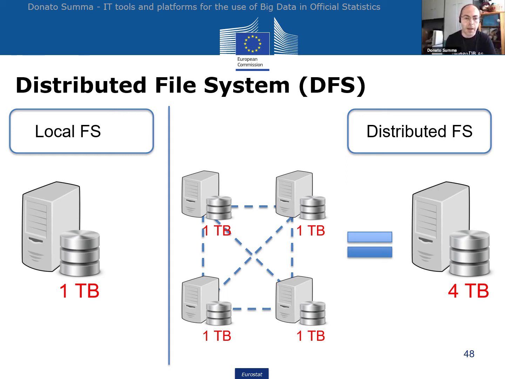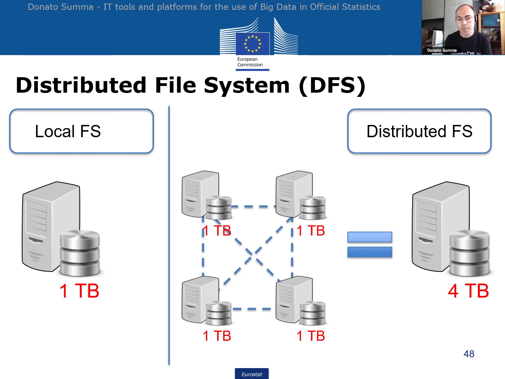Basically, we have just one computer with one storage device inside it. Let's say that it has the capacity of 1 terabyte. On the other hand, on the right side of the slide, we have an example of distributed file system. In a distributed file system, we have several computers, each one having its own storage facilities.